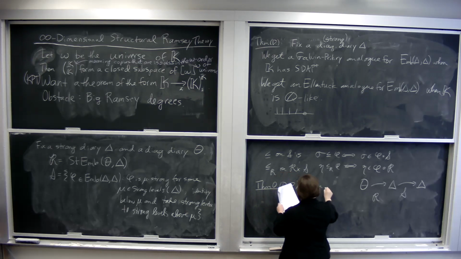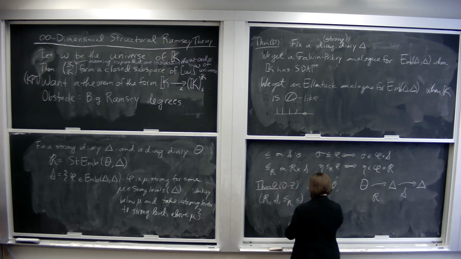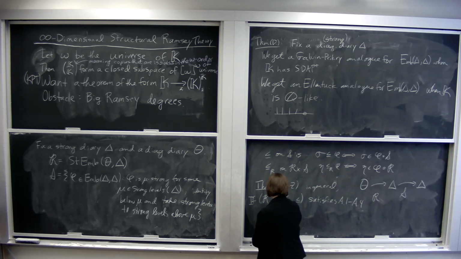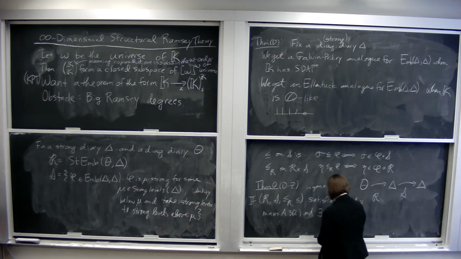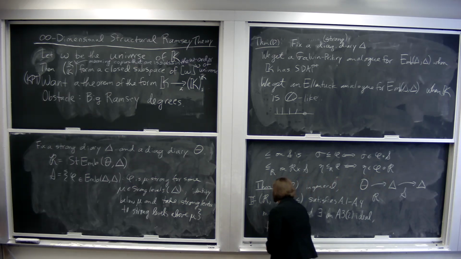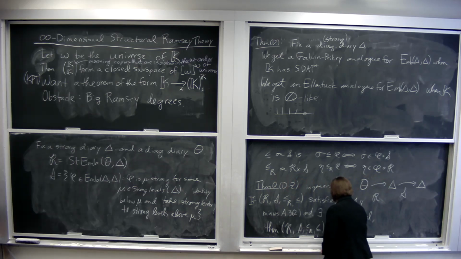Just in general, if you have the Ramsey space set up in Todorcevic's book, and there exists something we're calling an A32 ideal, then this quadruple is a Ramsey space.